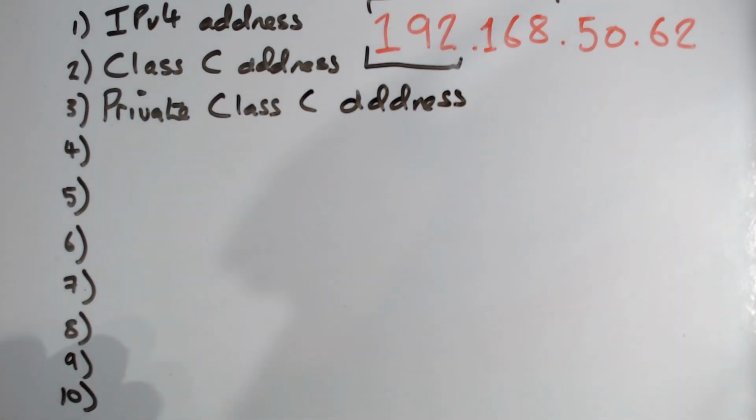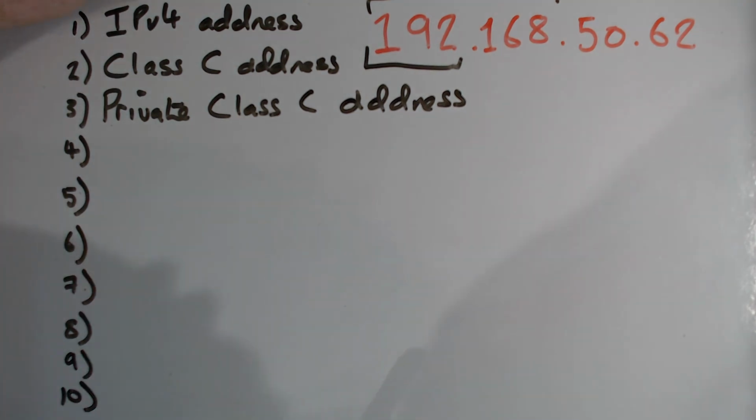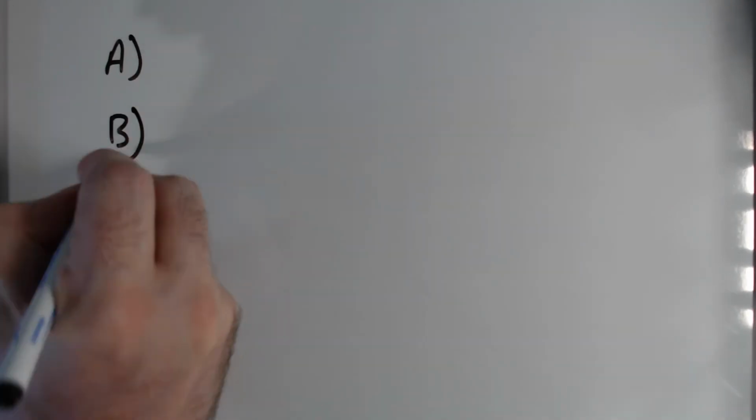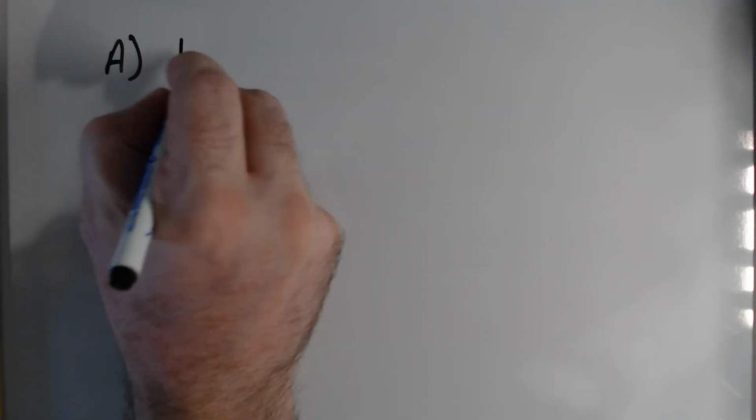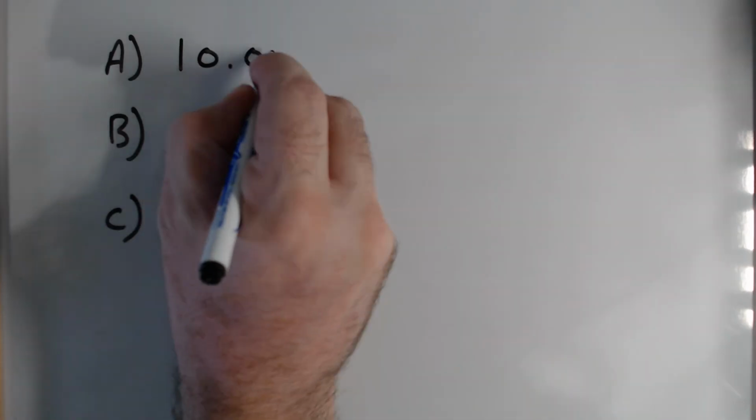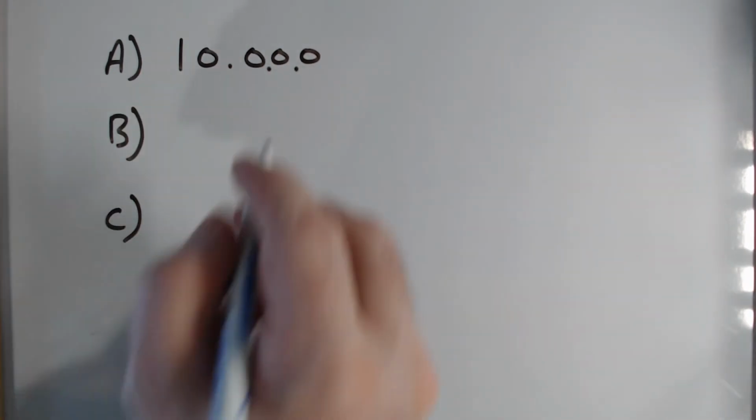An interesting thing with these private addresses is this. There are 3 classes of private addresses: A, B, and C. The Class A addresses are anything that starts with a 10, so 10.0.0.0/8.